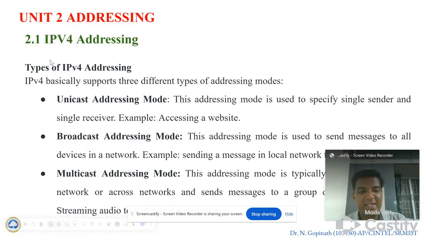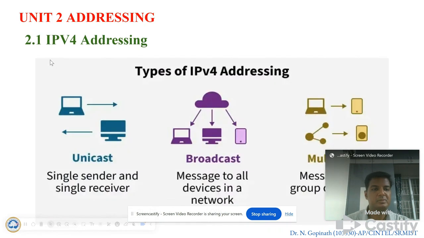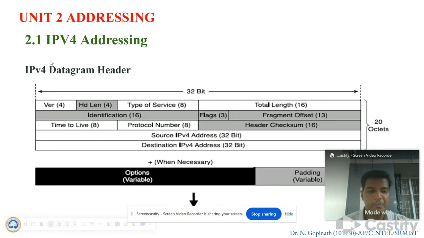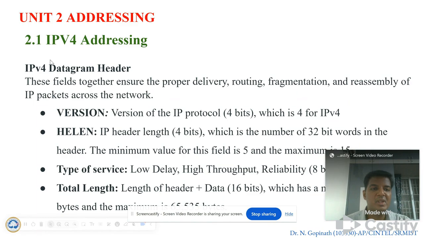Third one, multicast addressing mode. This addressing mode is typically used to send messages over a network. So here is a diagrammatical representation of types of IPv4 addressing. And the IPv4 datagram header is given here as a picture.